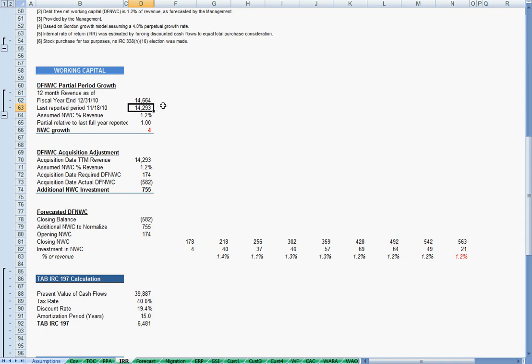Many times companies don't track their revenues like that, and so you might either have to calculate this number based on some historical information, slicing and dicing the historical revenue numbers, or this number could be as of, for example, 6/30/2010. If it's 6/30/2010, then let's say this number is something different.